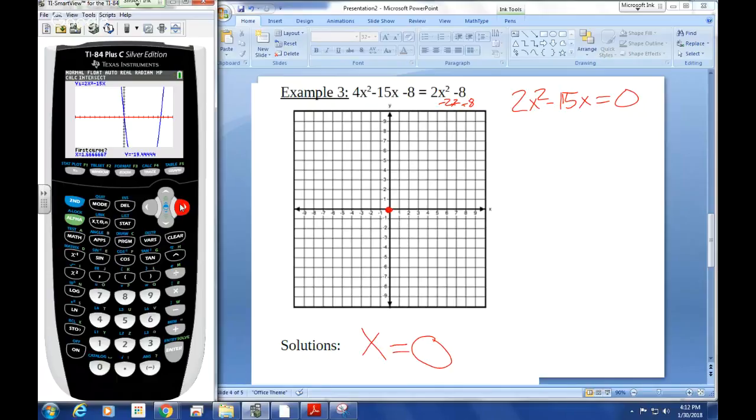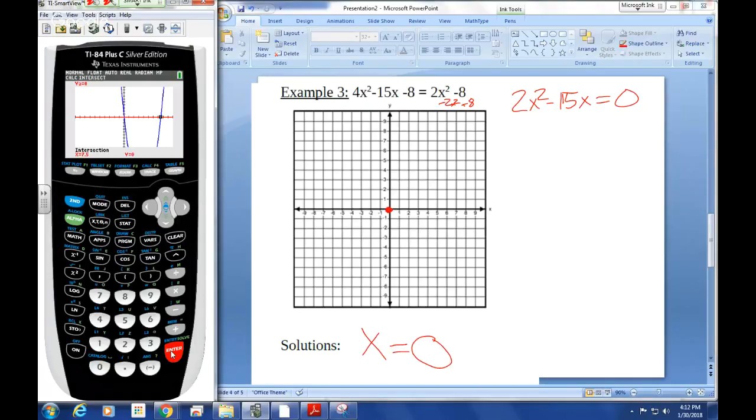Not all the way, but you want to make sure you see it close to that intersection point. Then you can hit enter, enter, enter. And it's going to tell you that that intersection is 7.5.